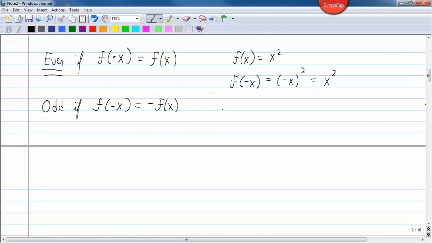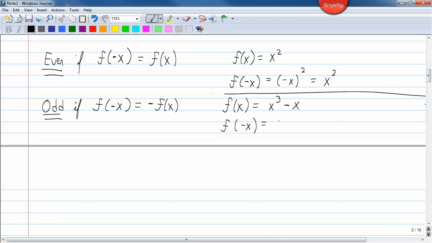For example, let's say that I had f of x equals x cubed minus x. To tell if that function is even or odd, I would find f of negative x.